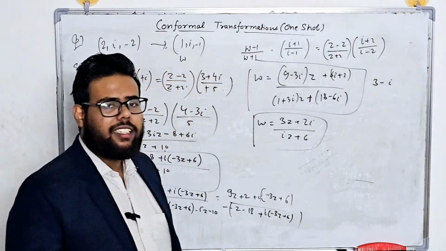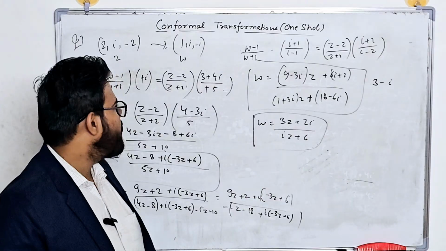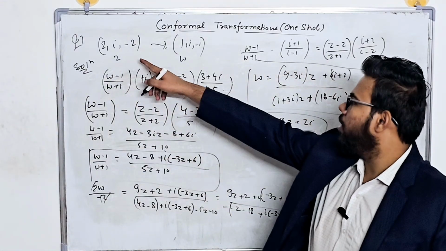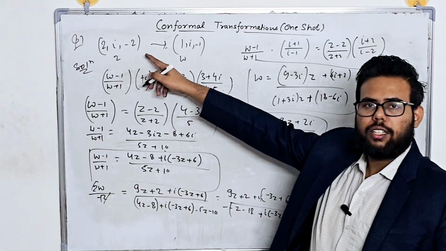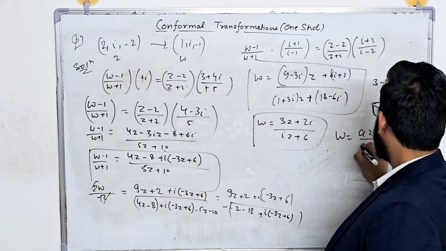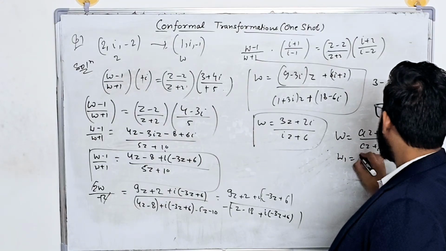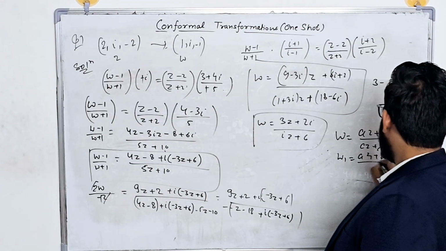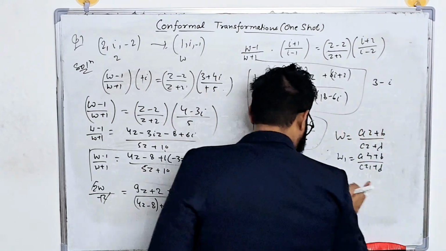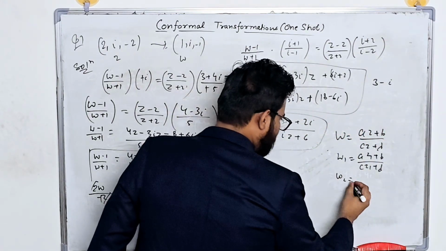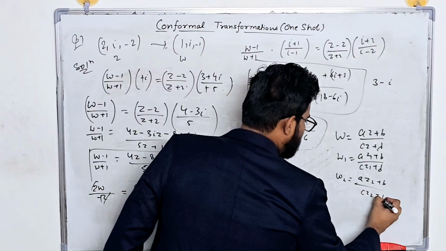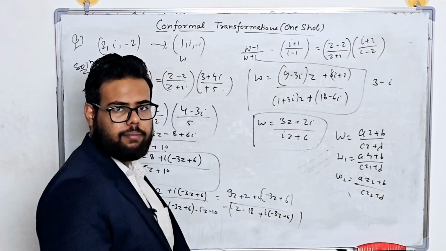Okay, there's another method also to do such kind of problem. You know the values of w1 for z1, z2, z3, so you put the values in w = (az + b)/(cz + d): w1 as (az1 + b)/(cz1 + d), and w2 as (az2 + b)/(cz2 + d), and for w3 also.